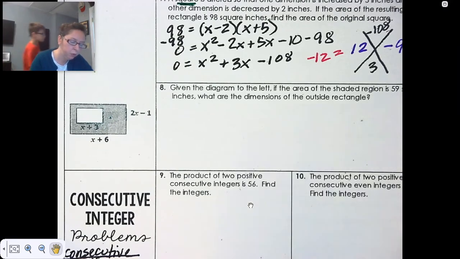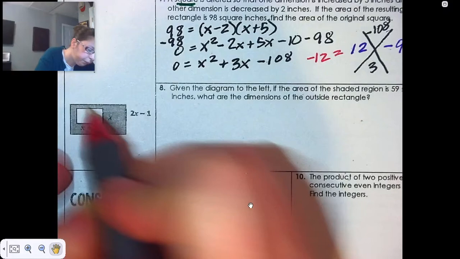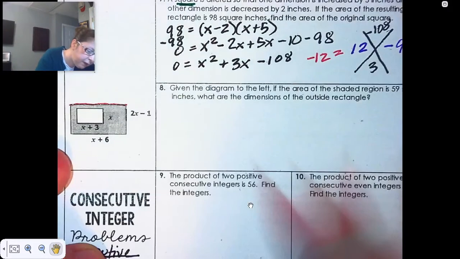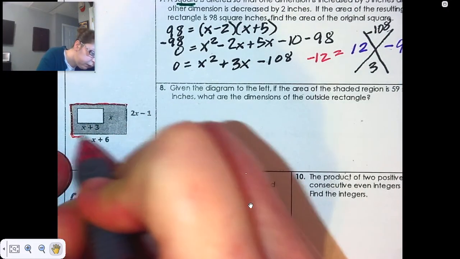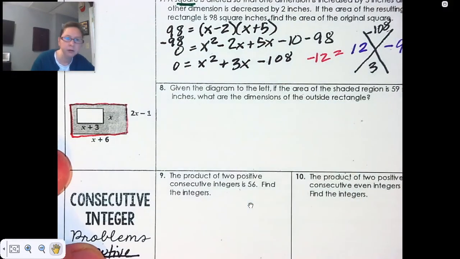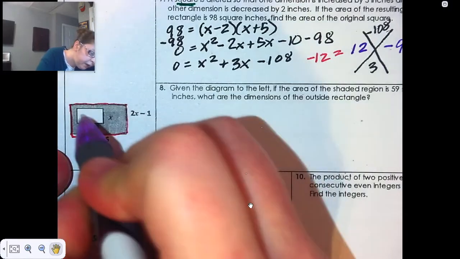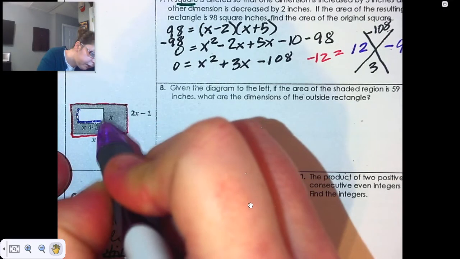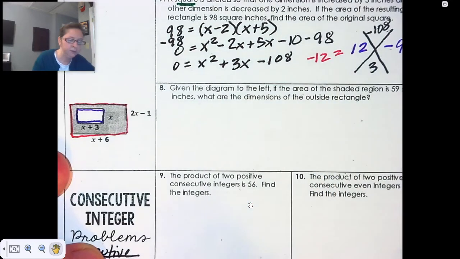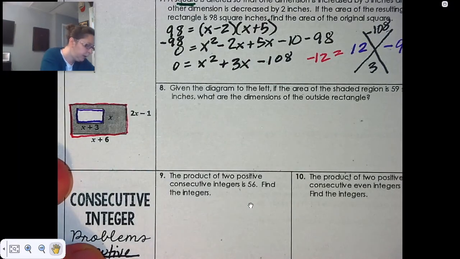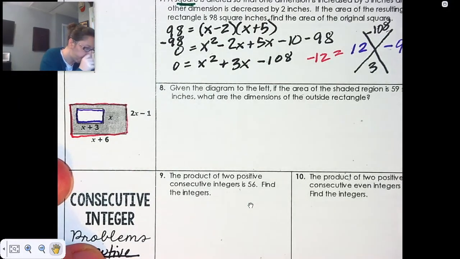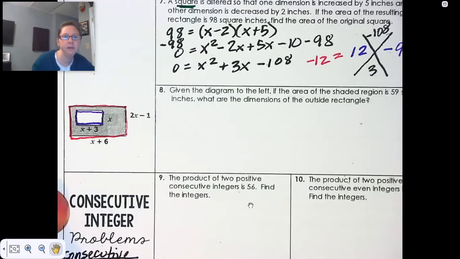So what we are going to need to do is to use the outside square, find that area, and then find the area of the inside square and subtract that. So remember, we're going to do the outside piece, subtract the inside piece right here. It's kind of like if I cut out a rectangle out of a sheet of paper.